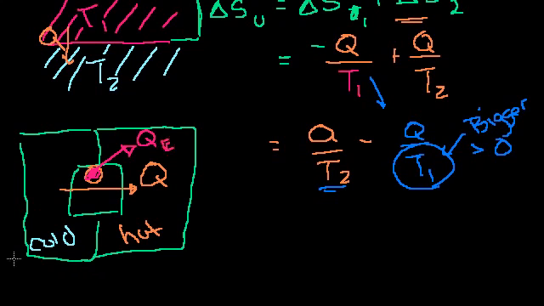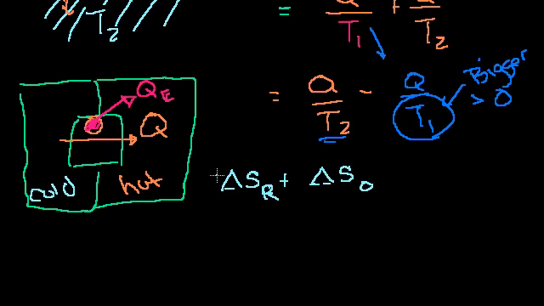So if you wanted to figure out the total entropy created, the total entropy for the universe, it would be the entropy of the cold room, plus the change in entropy for outside. I'll call this one for the room, right? So you might say, okay, this change in entropy for the room, it's giving away heat.